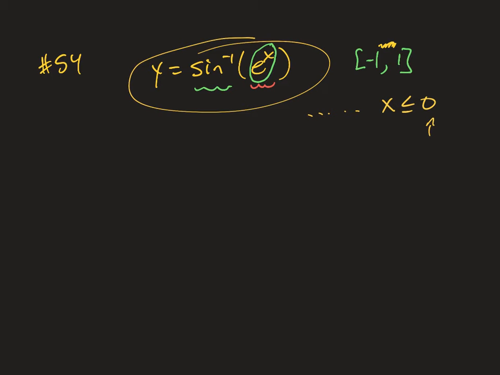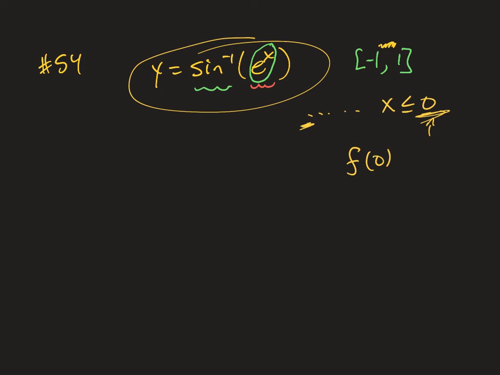I'm letting you know that because that helps us decide what's going on with the end behavior. Essentially, what we need to know is what's happening at this end point here of x equals 0, and then what's happening as we head towards negative infinity. So I'm going to go ahead and compute f of 0 because that's easy, right?